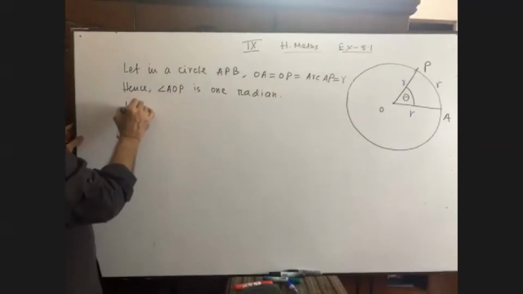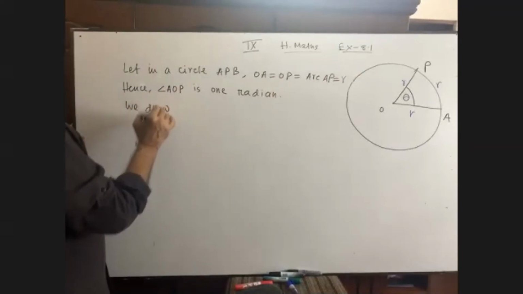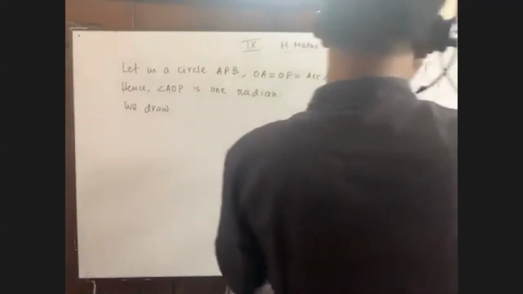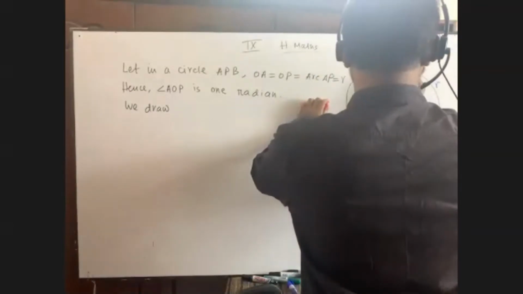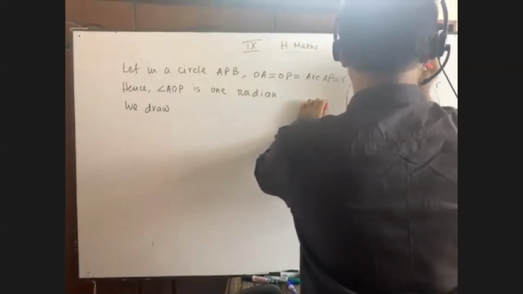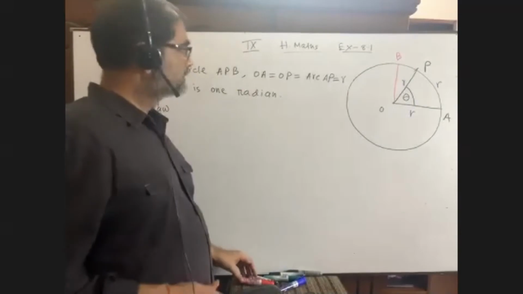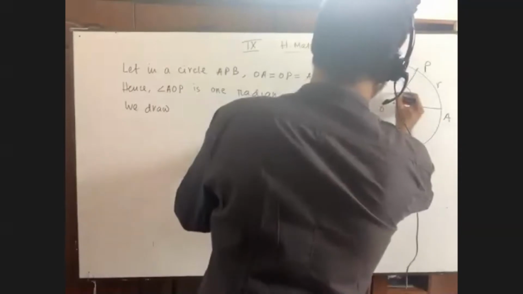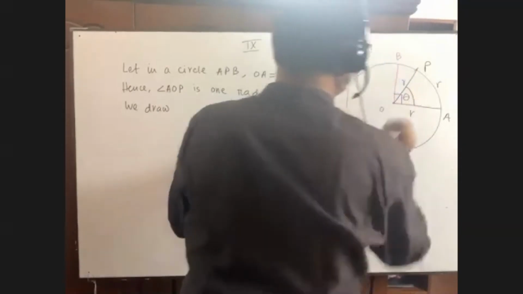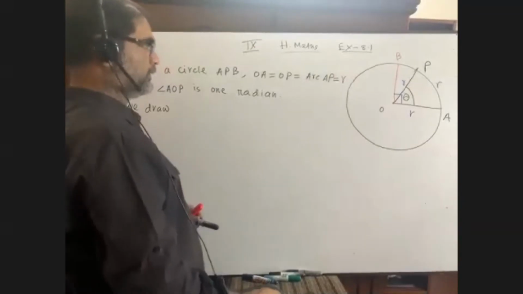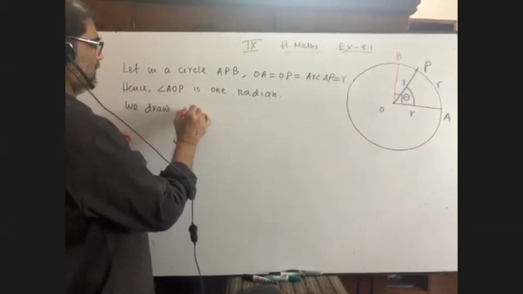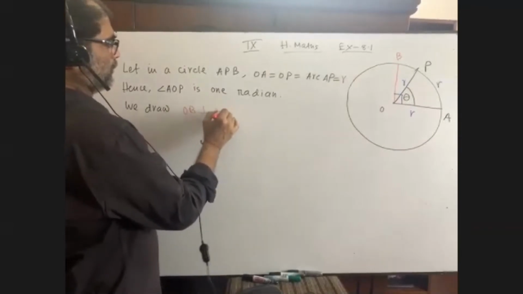We have to draw a perpendicular here, which is B. Okay, so we can write down here, we draw OB perpendicular to OA.